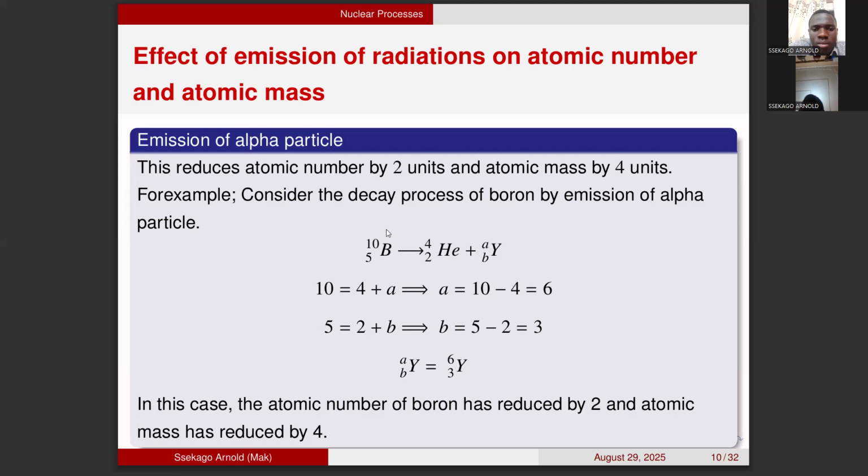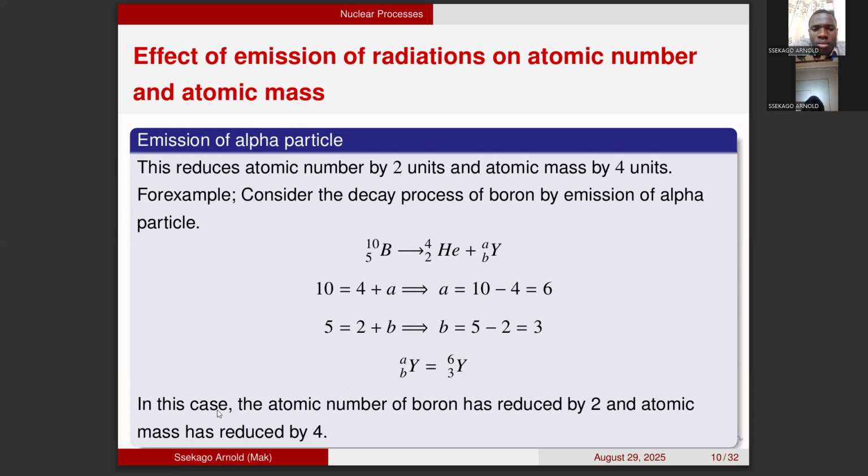Boron has decayed by emitting an alpha particle and forming the nucleus of this element you are seeing here. As in, we have converted it into another atom. So once something decays, it can change. If it decays by giving out an alpha particle, it has changed into this.